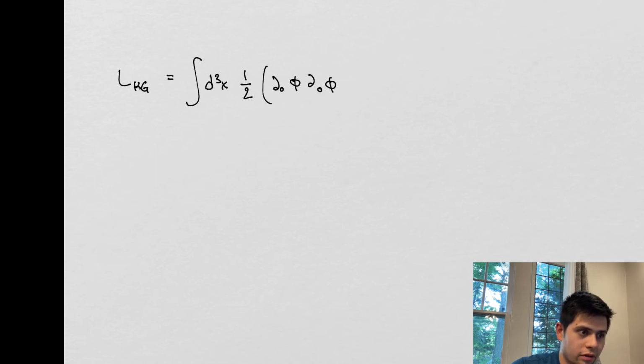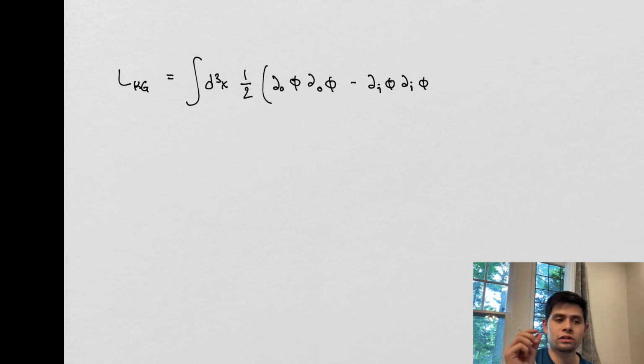So we have a kinetic energy of our oscillators minus the potential energy stored in each spring, and then minus the potential energy that's stored in each particle, and that's this right here.